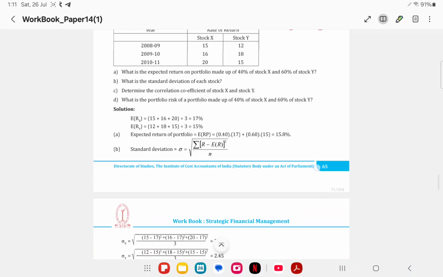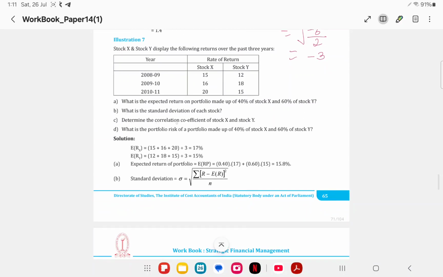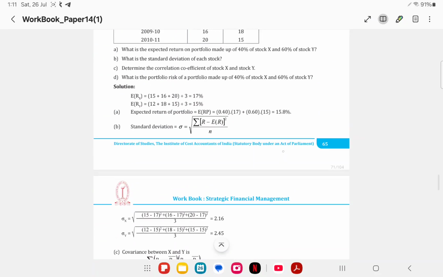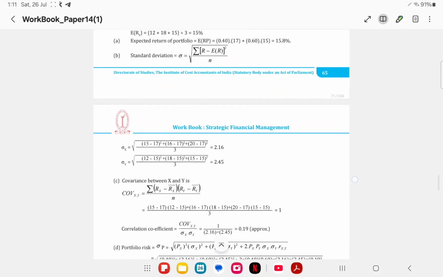Now moving forward to the third part, you have to calculate the correlation coefficient of Stock X and Y. Basically you have to calculate R. Firstly we have to calculate covariance. For covariance we need the table we made: X, Y, X minus X mean, Y minus Y mean. You make this type of table in the exam, this will be easy for you to solve.